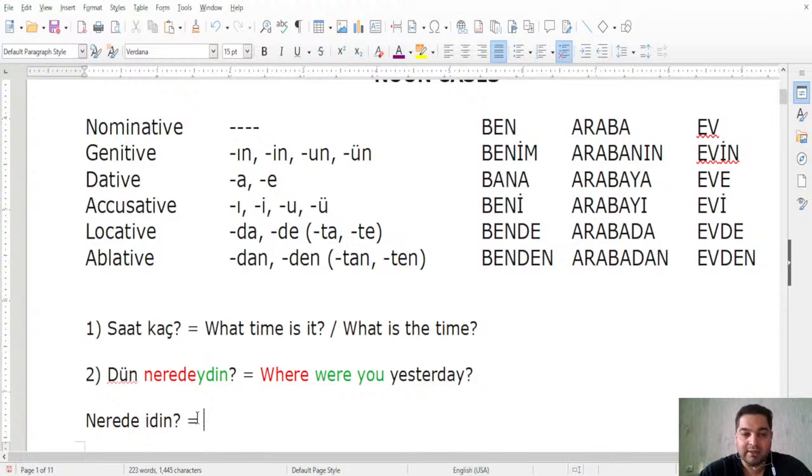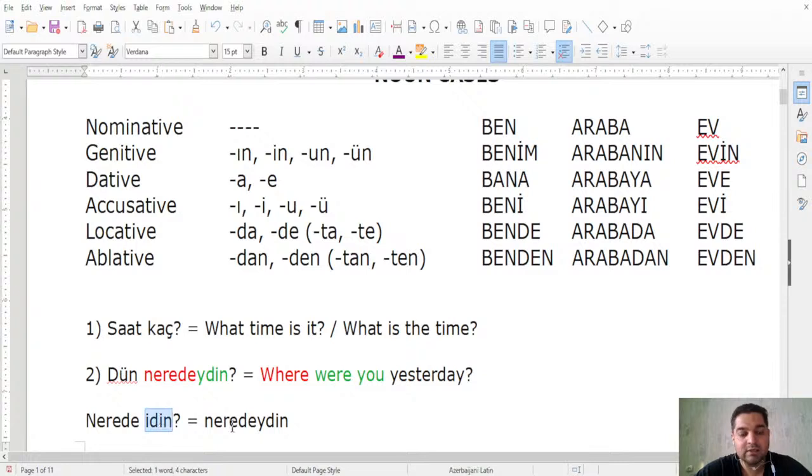Combined, it becomes neredeydin, because we delete this and add ye in between. So idin is where you were, and that's transformed into neredeydin. Where were you yesterday?